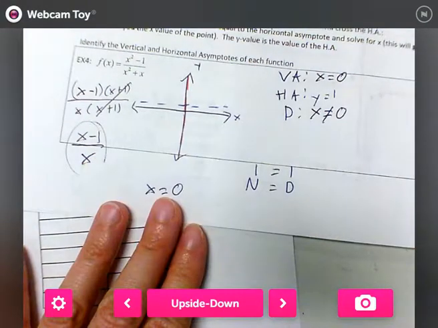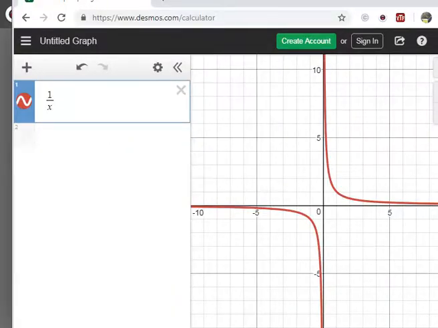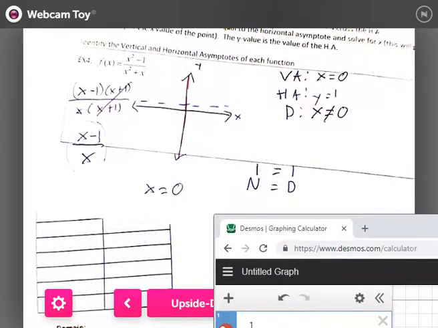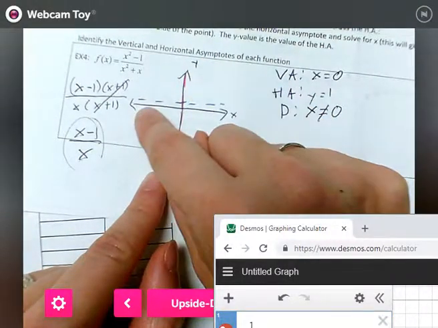So this is where I can pull out my Desmos and be like, okay, I think I have an idea. If I were to think about this, I think my graph is going to be right here and right here.